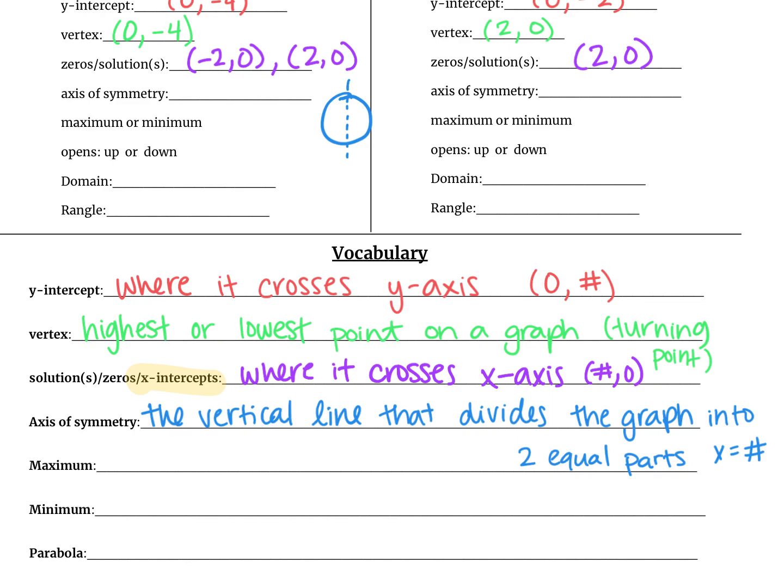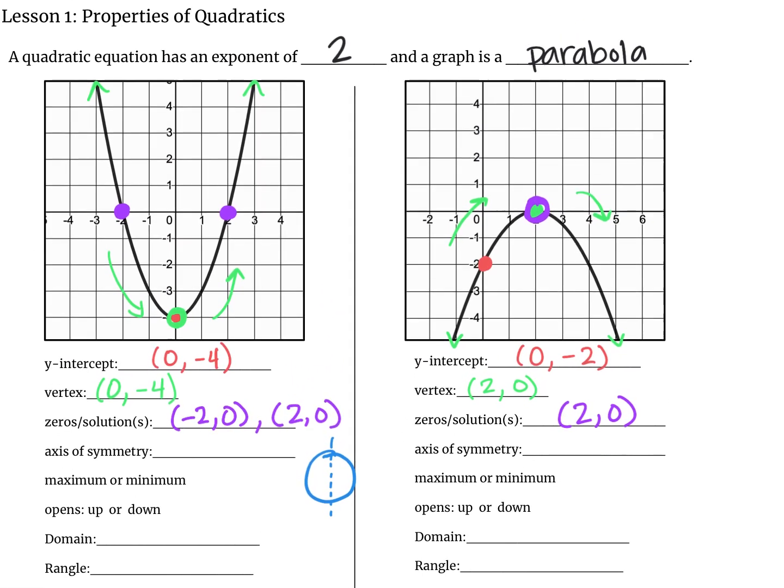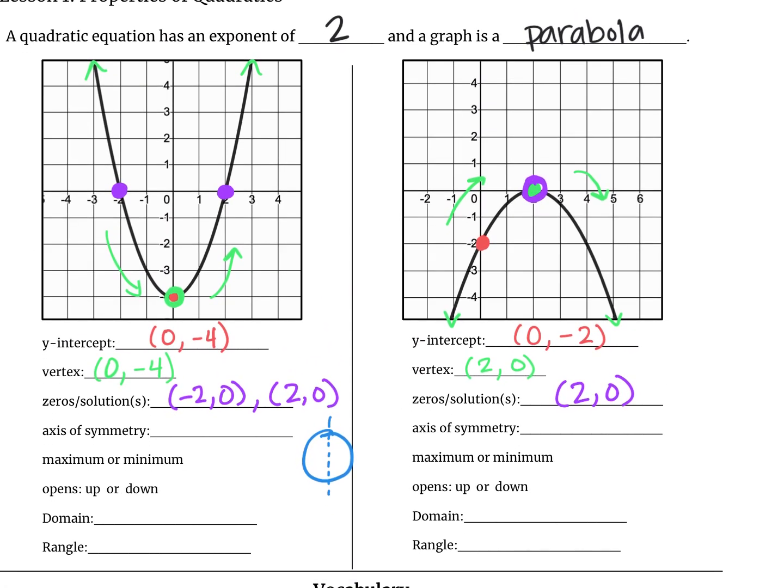So let's look at our graphs here. All right, so we are looking for where is this axis of symmetry. And one thing that will help us is our axis of symmetry will always go through the vertex. So on this first graph, we have our vertex in green. And so to draw our axis of symmetry, we just want a vertical line that will go through that green point here.